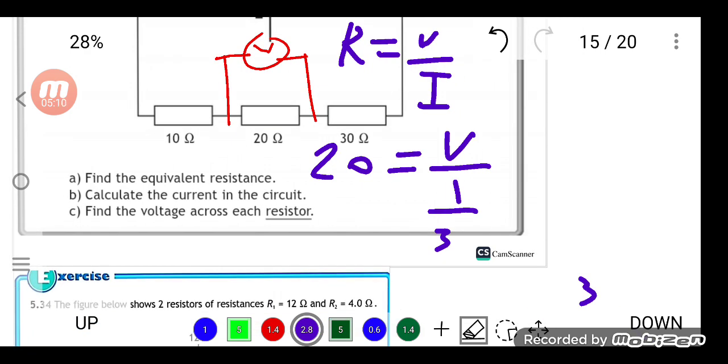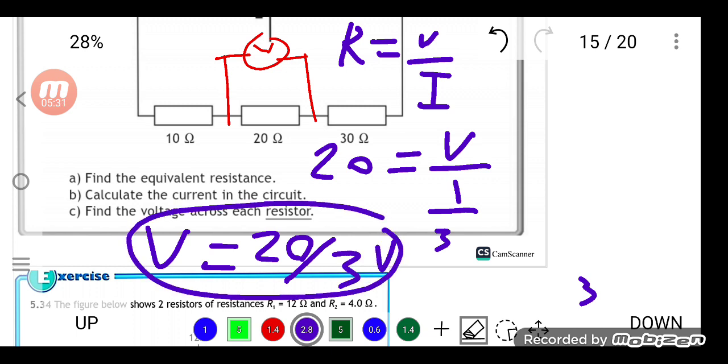Now if you cross multiply, this is over 1, and if you cross multiply like this, you get V is equal to 20 times 1/3, and this is 20/3 volts, and that's the voltage across the 20 ohm resistor.